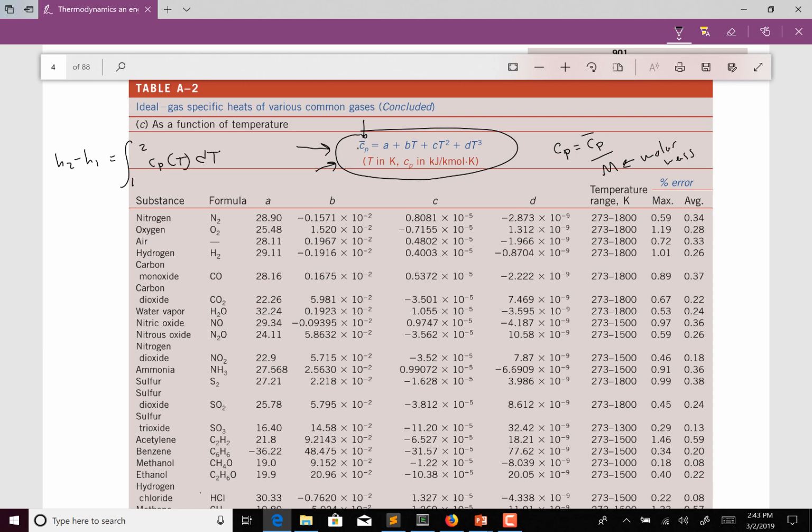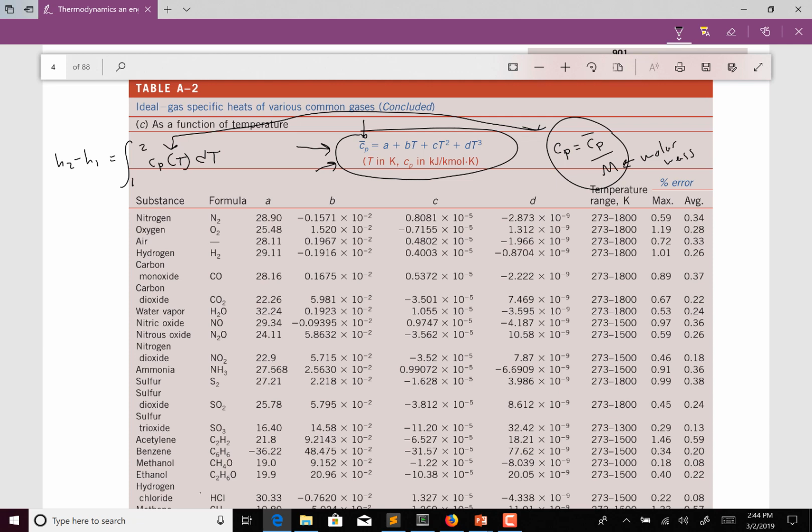So we're going to take this equation, well, actually we're going to divide it by the molar mass, and we're going to plug it into our integration, and then we're going to integrate. And this is a pretty easy integration, but it's really time consuming. So this isn't the most practical way to do it a lot of the time.